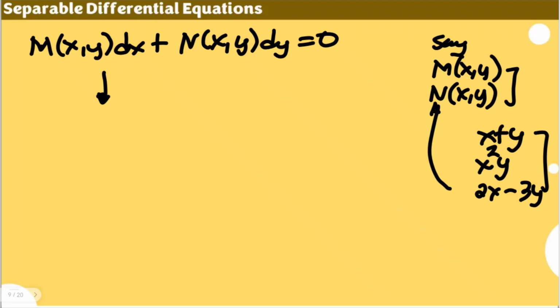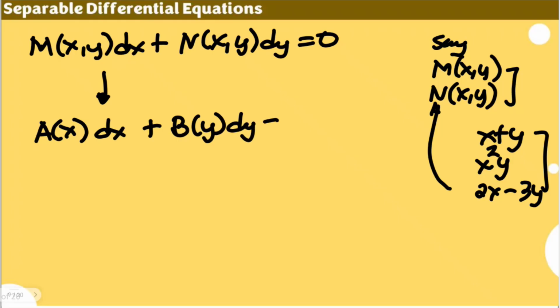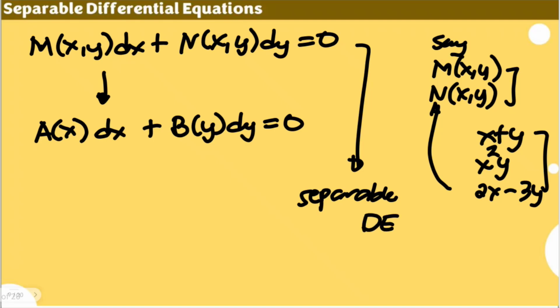If this can be transformed into another form, A(x), a function of x only, dx plus a function of y, B(y), dy, still equal to 0, then we can say that our given equation is a separable differential equation.